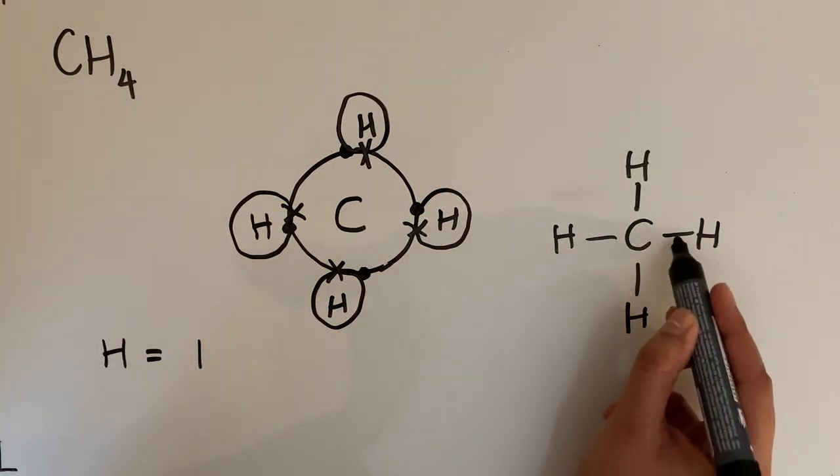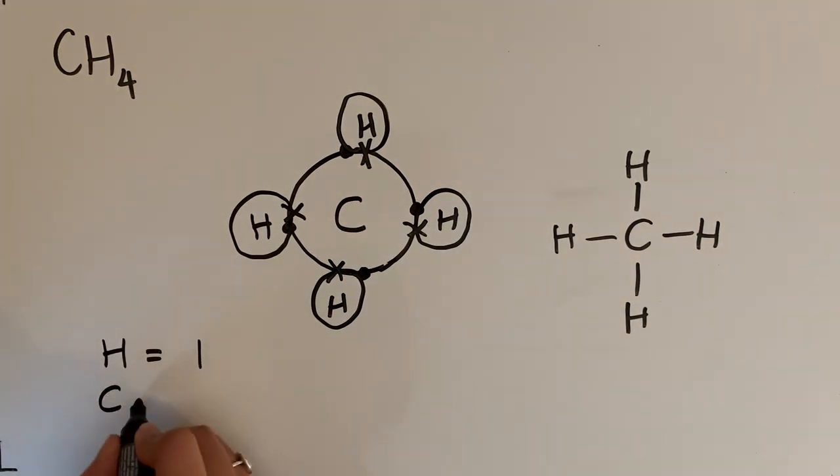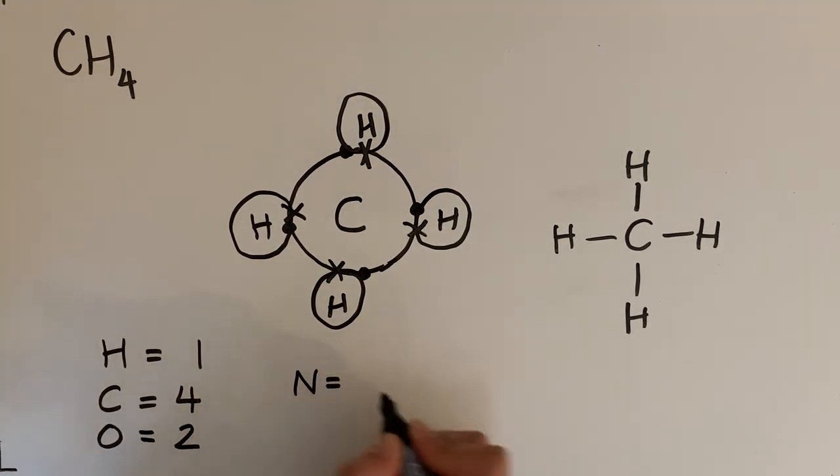Carbon, in this example and most examples, always forms 4 bonds because it needs to gain 4 electrons to have a full outer shell. Oxygen, because it's group 6, needs to gain 2 electrons, and therefore oxygen will always form 2 bonds. And nitrogen, because it's group 5, wants to gain 3 electrons, so nitrogen tends to form 3 covalent bonds.